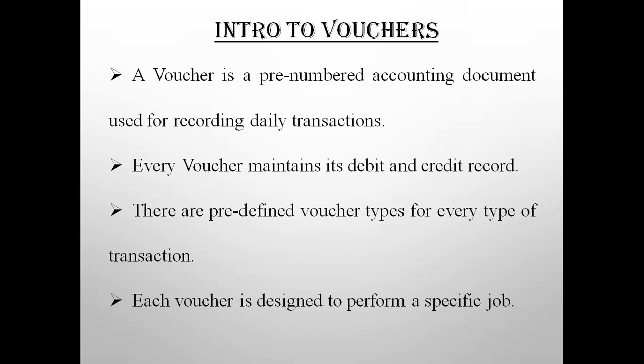What you do manually, the voucher format, is slightly different from what you have in the accounting software vouchers, but the entry is almost the same. You have to follow the same rules, only the voucher type has to be classified according to your transaction.